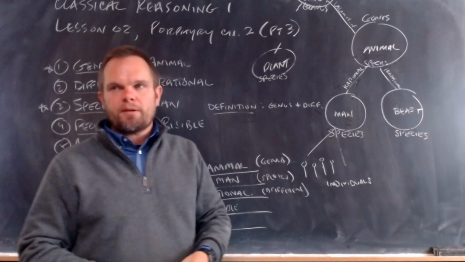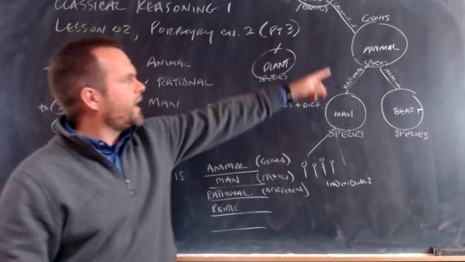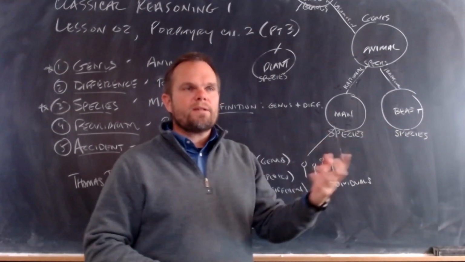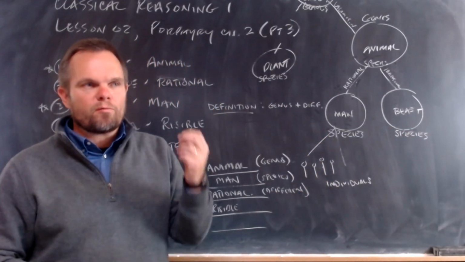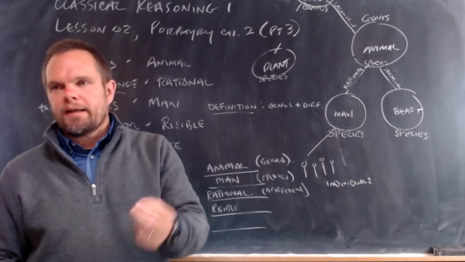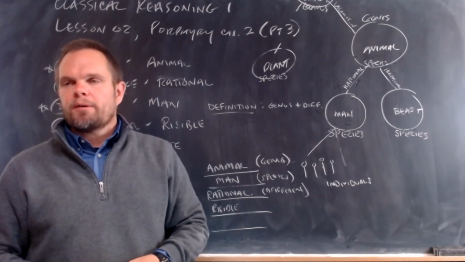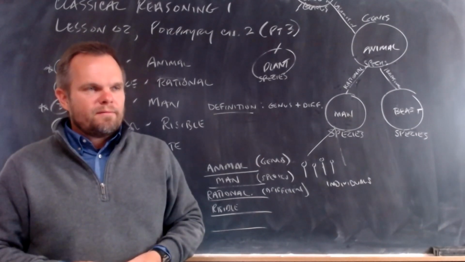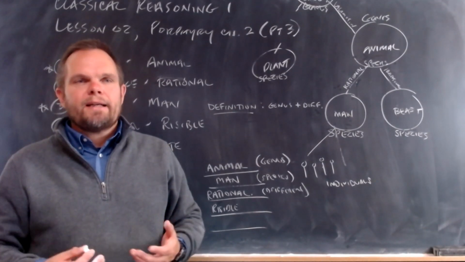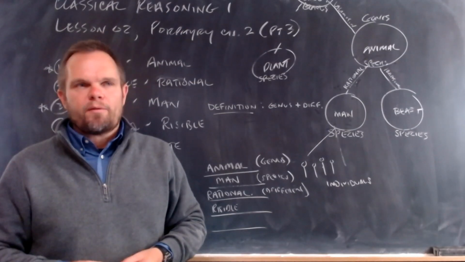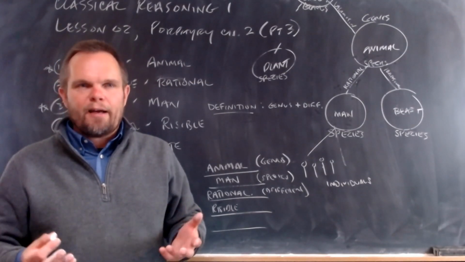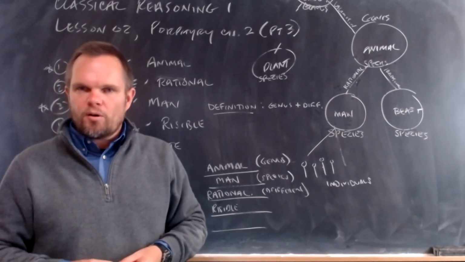So does the ability to laugh. It divides animal into these same two species. But what's the difference? Rational is the essence of man. Do you think the ability to laugh is what defines man? If I said man is an animal that's able to laugh, would that really define the essence of man? He's a laughing animal? No.